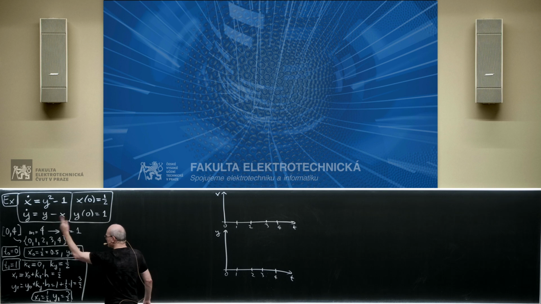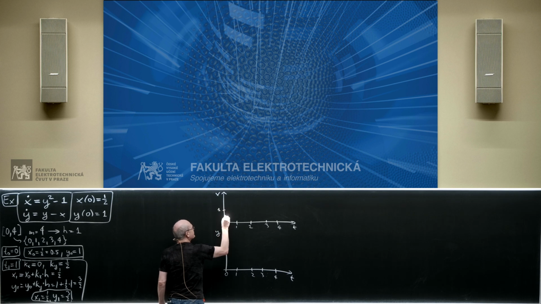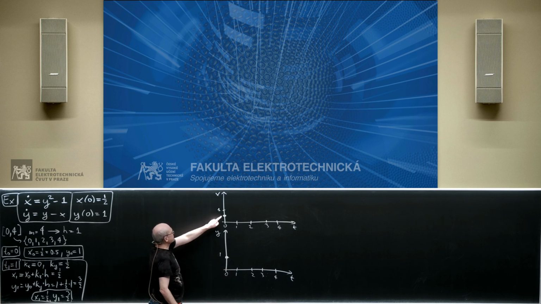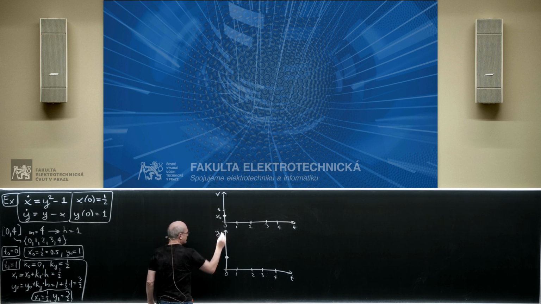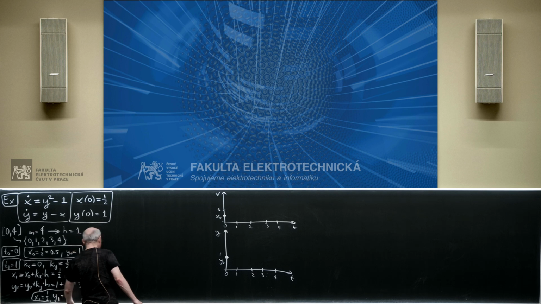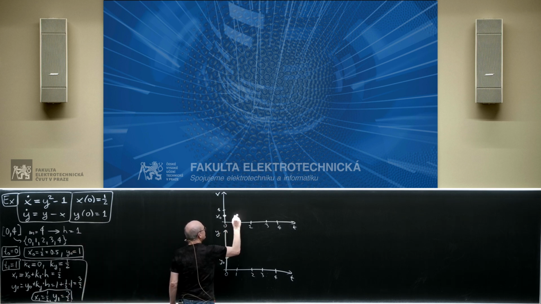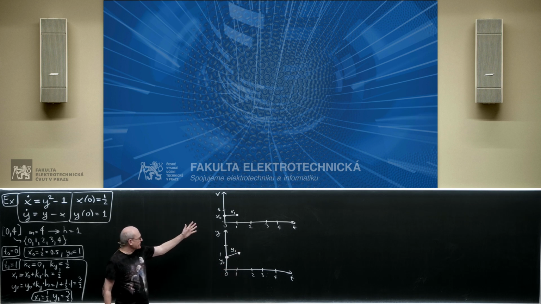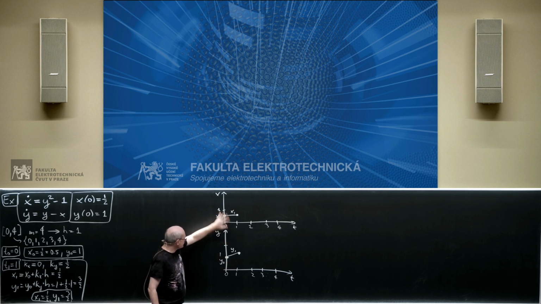At time 0, the values are 1/2 and 1. So for x, here is 1, the value is 1/2, and for y, the value is 1. So this is x0, this is y0. Then when I move to time 1, the values are 1/2 and 3/2. So this is x1, and 3/2 is somewhere over here. This is y1. It's a good idea to have them separately, because otherwise the picture would be too crowded.